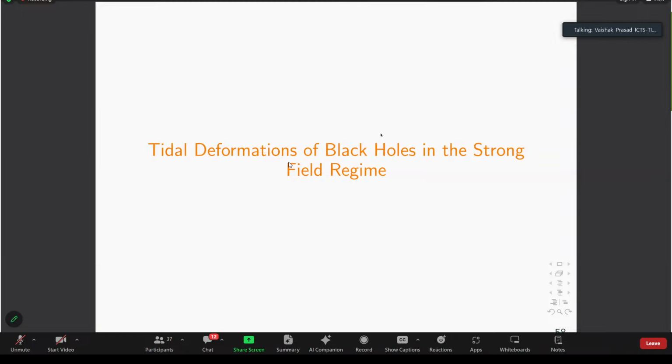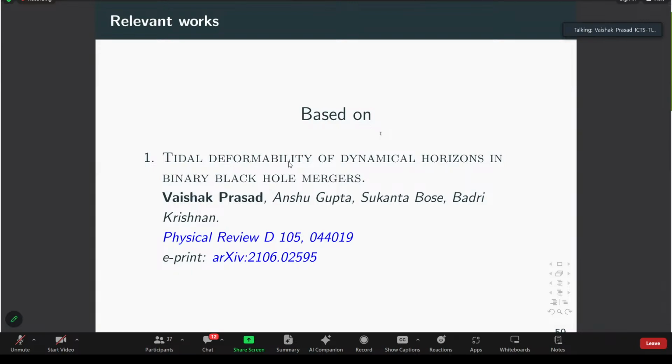What we wanted to do in this line of investigation was to propose an alternative formalism, an alternative approach to the problem of tidal deformations of black holes, using not the gravitational field at infinity, which is what is usually done, but using the geometry of the dynamical horizons. Details can be found in this paper. Please feel free to look it up.